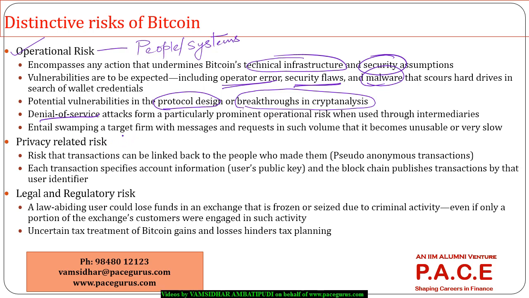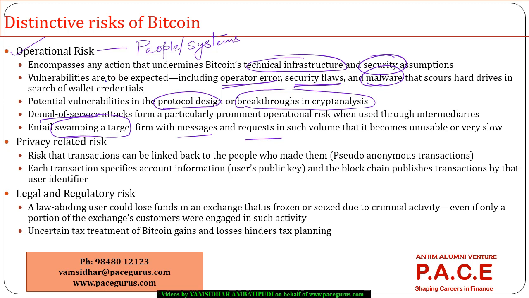So entails swamping a target firm. So when we talk about a denial of service, we are swamping a target firm with messages and requests in huge volume. So that is where the whole system becomes unstable, slow, and the service can very well be rejected.